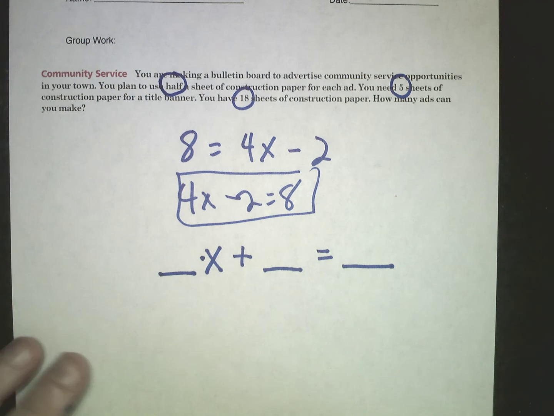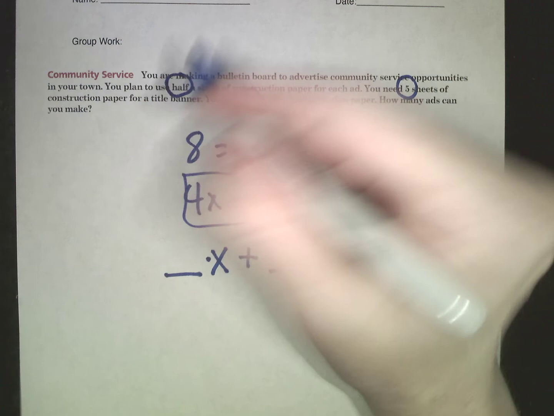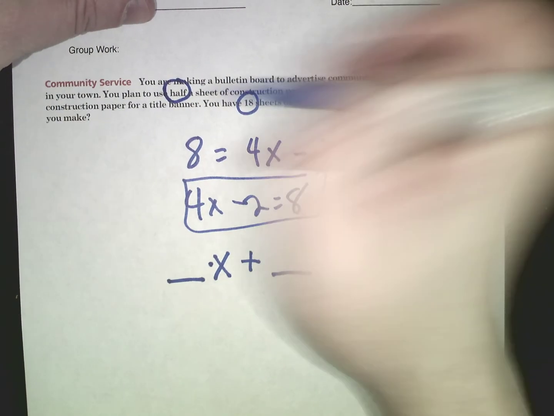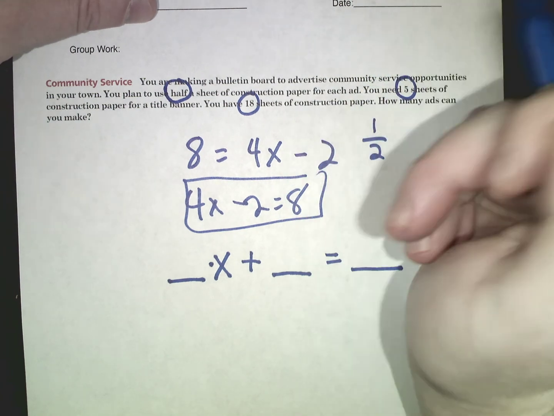Now what is half? 1/2 is 1 divided by 2. So that's a sneaky one. You use half a sheet. If you used 2 sheets of construction paper, you would say 2, but it's half a sheet. Okay, that's a number.